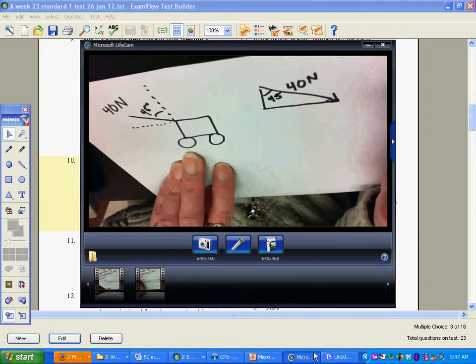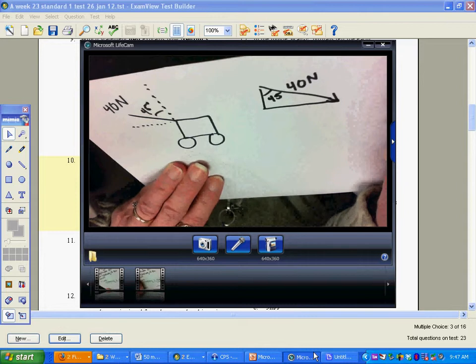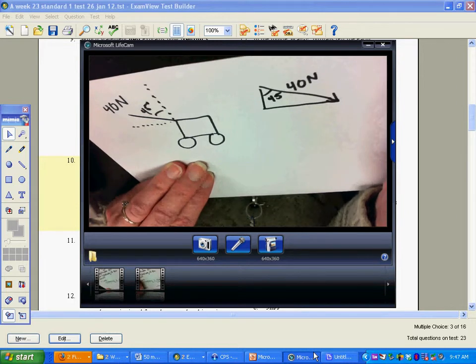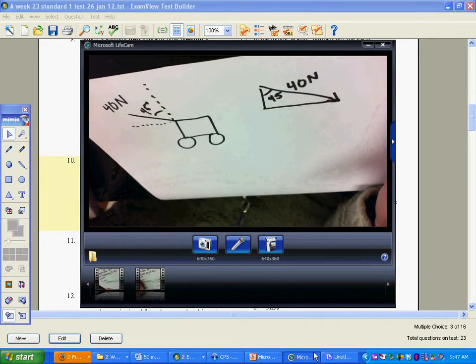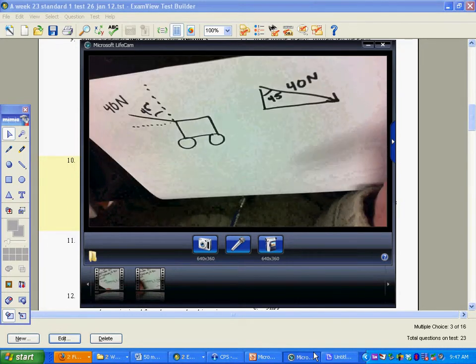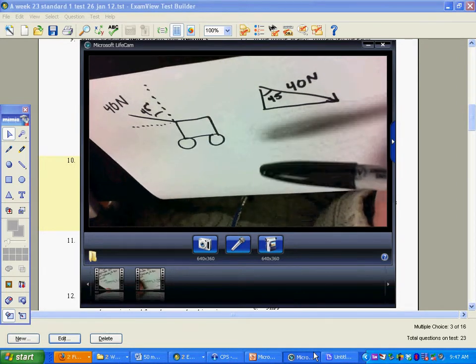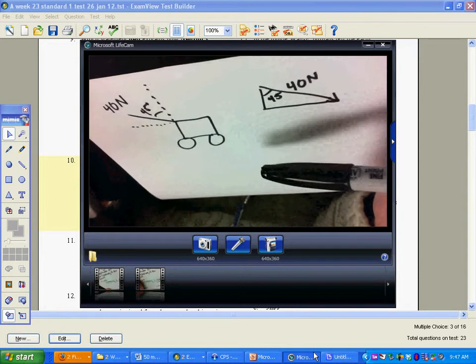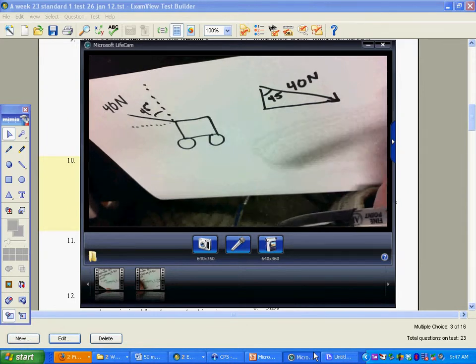Okay, now can anybody look at your little chart and tell me what is the relationship at 45 degrees of your sine and your cosine? What do you expect it to be when it's half and half? Yeah, you expect it to be the same number. What is that number?